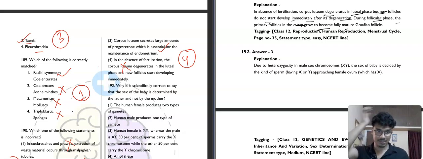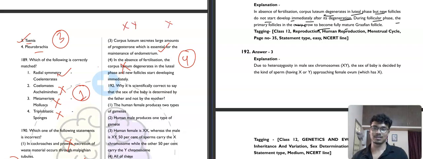It is saying, why is it scientifically correct to say that the sex of the baby is determined by the father and not by the mother? It's simple: XY is the heterogamete and XX is the homogamete. So the mother can only form X, but the father can form X or Y. If X and Y come together, there will be a male child, and if X and X come together, the mother contributes only X, so there will be a female child.